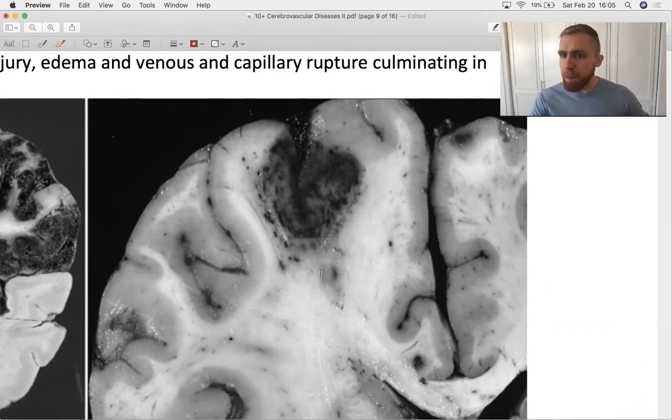That's called reperfusion. Okay? So when you reperfuse the brain, you send blood back into a territory that was dry, that was bloodless for a given amount of time. When you do this, blood gets in there and gives you these petechial appearances on a gross section.